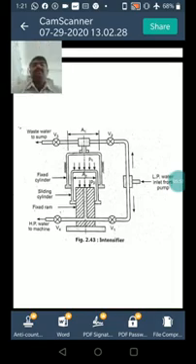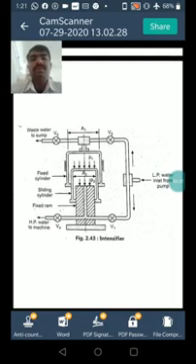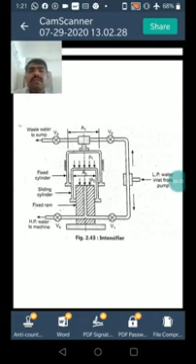The low pressure supply is connected to the fixed ram and fixed cylinder. The high pressure water is taken out from the fixed ram while the waste water is discharged from the fixed cylinder. The packing seal is provided to prevent the leakage of water.